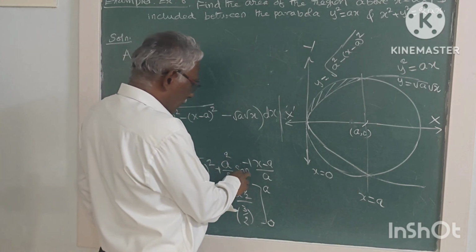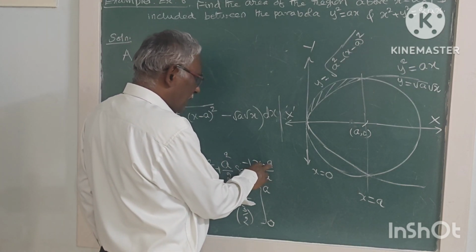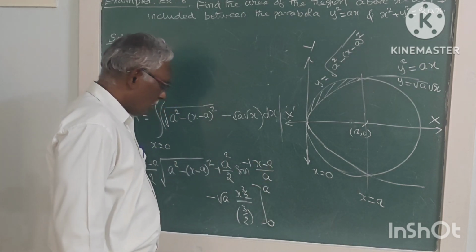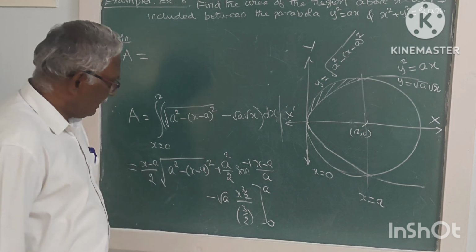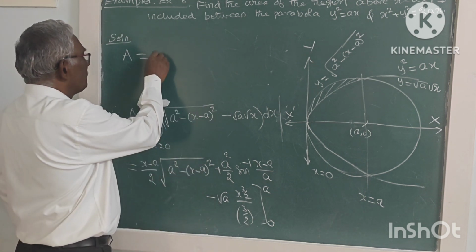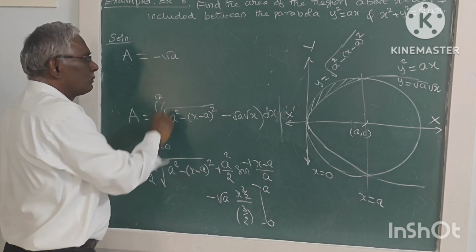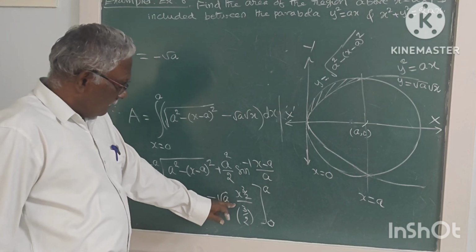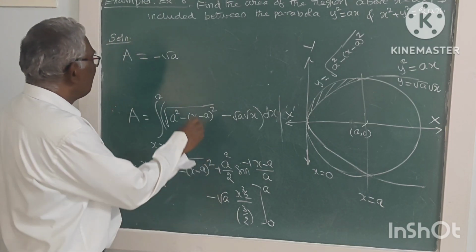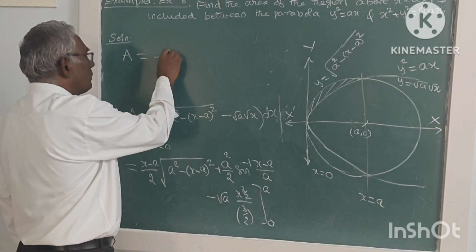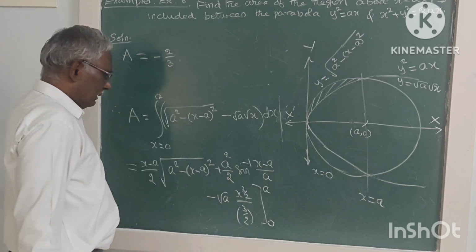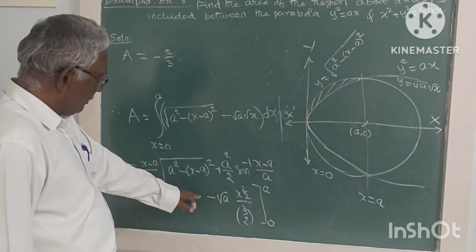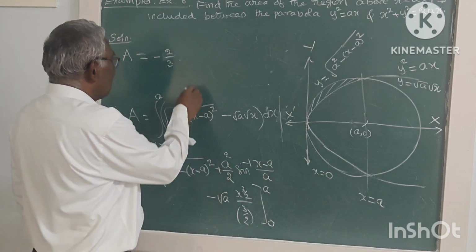A square by 2 sine inverse of (a minus a), again 0, minus root a times 2 by 3, minus 2 by 3 root a.